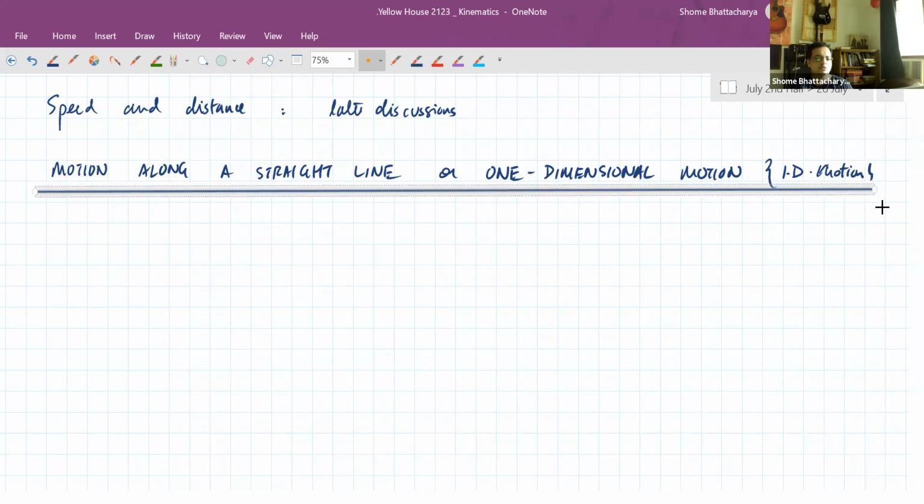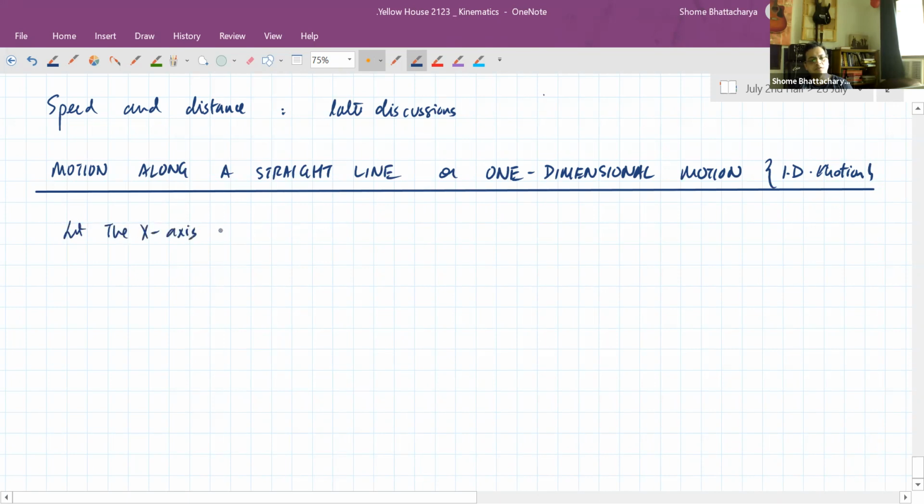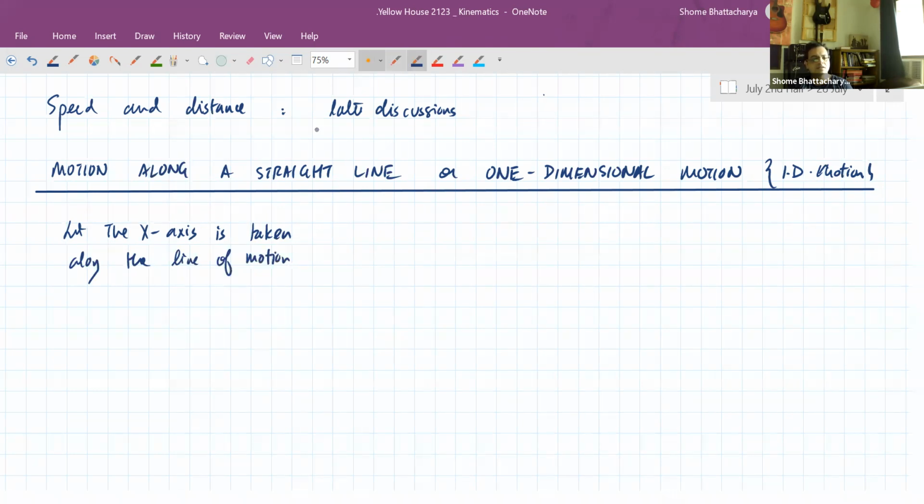Basically, the motion is happening along one fixed axis. So suppose the x-axis is taken along the line of motion, because as the person writing the equation, we are free to select our system of axes anywhere we like. So the x-axis we have selected is coinciding with the actual line along which the motion is happening. Okay, so the line of motion.